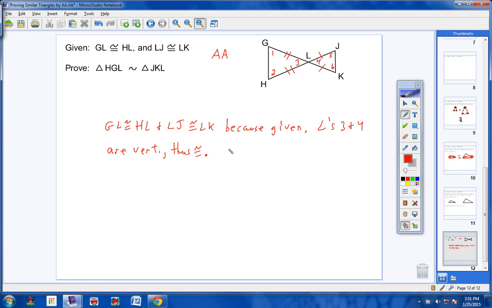So I would say something like this. Angles 1, 2, and 3 add up to 180 degrees, as do angles 4, 5, and 6.